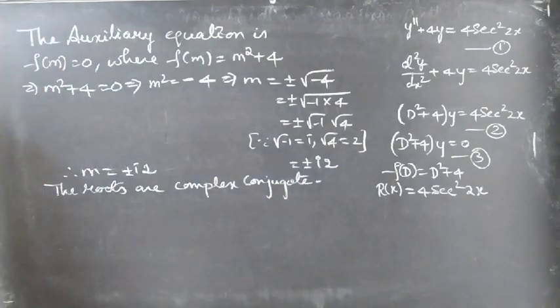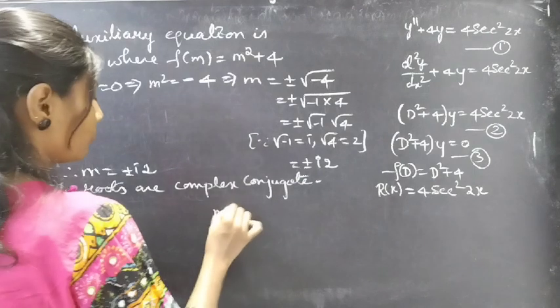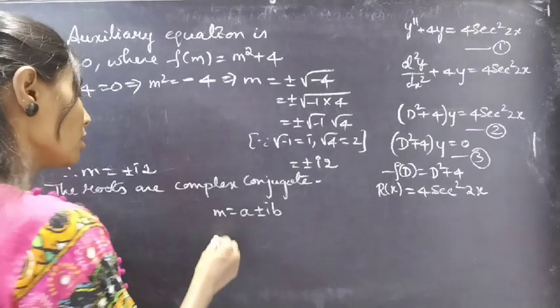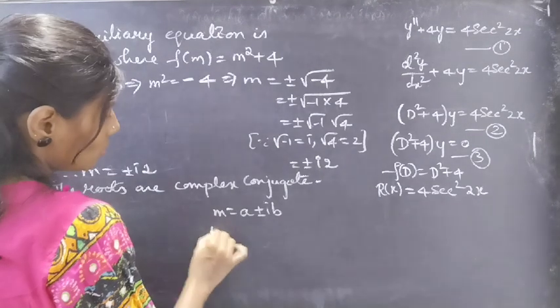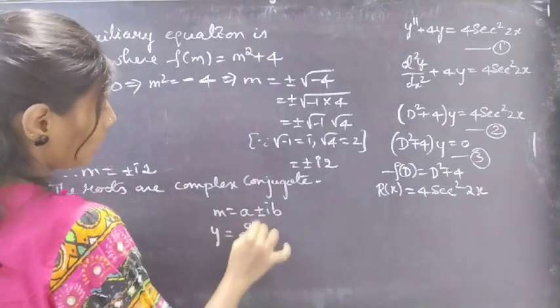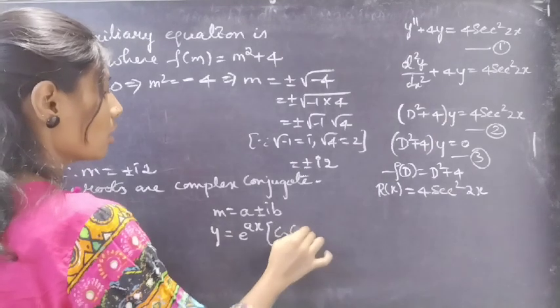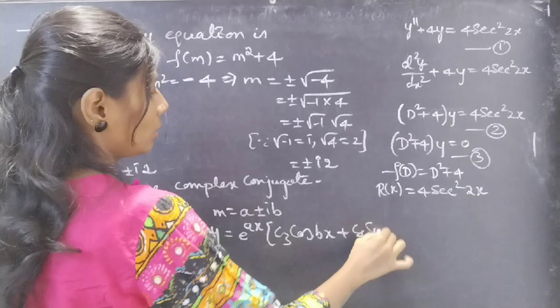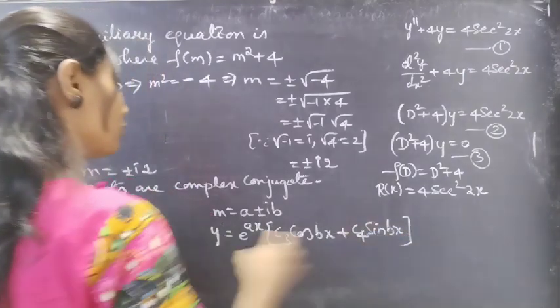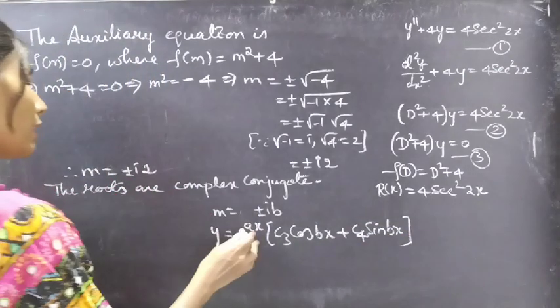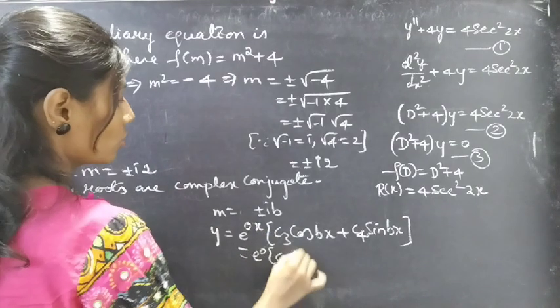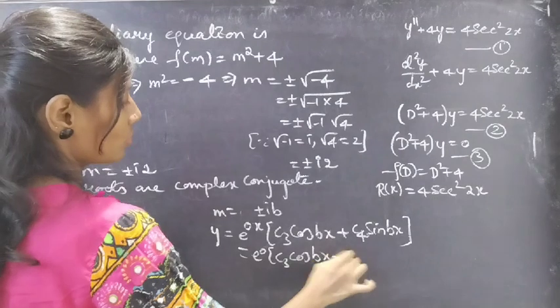We know that when two roots, say m = a ± ib, are a pair of complex conjugate roots, then the solution to the homogeneous equation looks like y = e^(ax)(c3 cos bx + c4 sin bx). In case of a = 0, we'll get e^(0·x), which is e^0 (c3 cos bx + c4 sin bx).